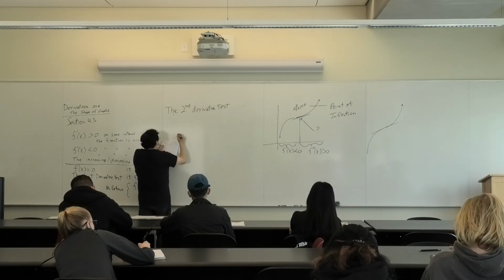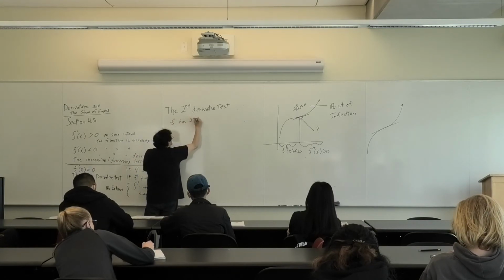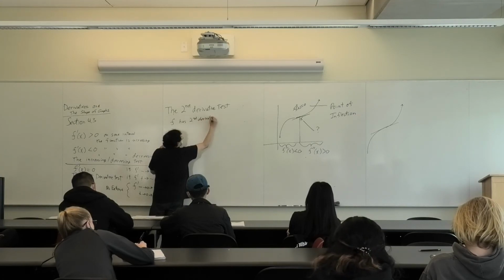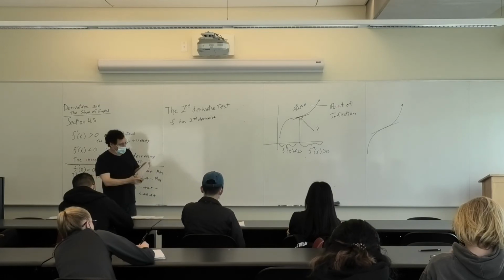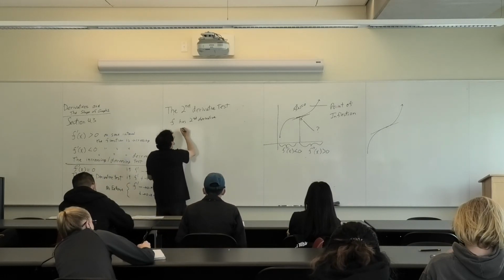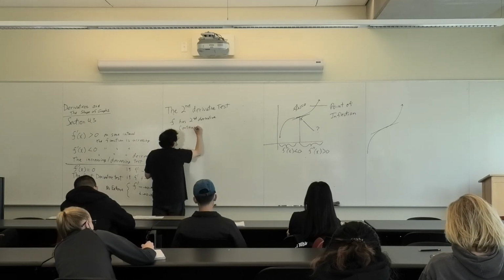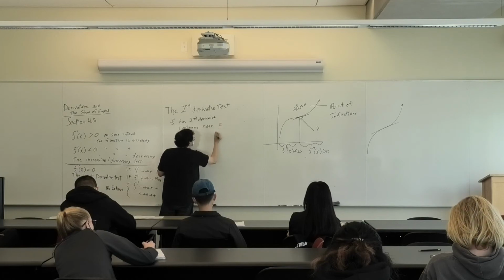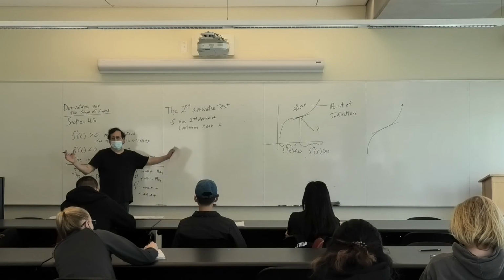So you have to have a function which has a second derivative. That is, it has to be differentiable twice. Has to be continuous near C, some value C. Doesn't have to be continuous everywhere.